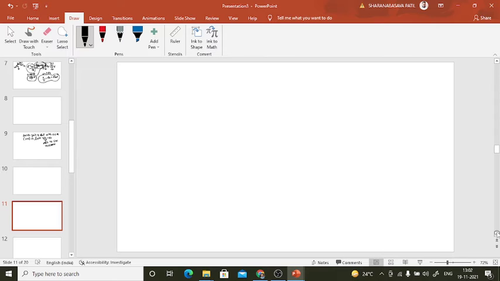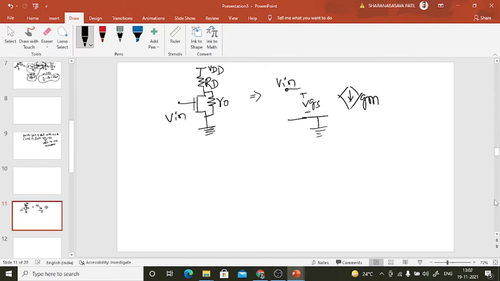Let's find out its gain. Small signal model, gate to source, source is grounded, and this is V in. As usual, voltage dependent current source, RD, and this R0 is connected between drain and source.